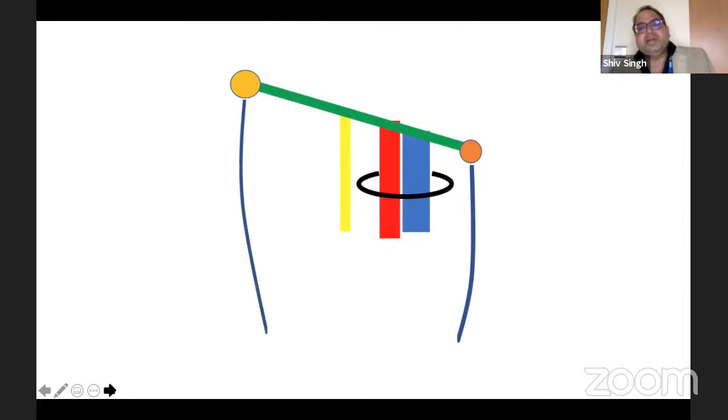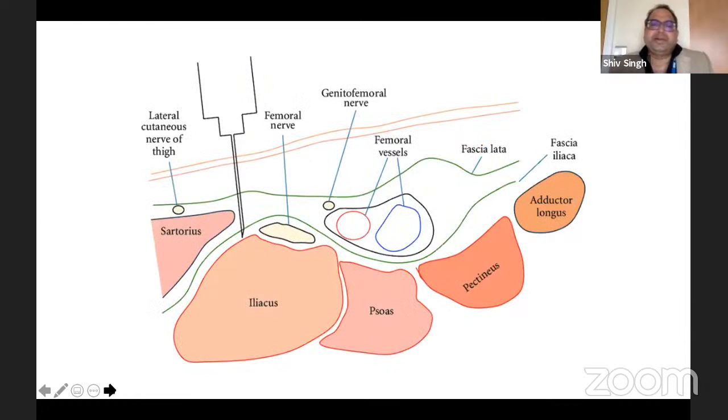You can use simple diagrams where you draw a circle and anterior superior iliac spine on the lateral side, pubic tubercle, and the vein and artery in the femoral sheath and femoral nerve line. Or you can draw a little bit more advanced diagrams where you show the skin, fascia lata, fascia iliaca, femoral nerve lying under the fascia iliaca, lateral cutaneous nerve lying between the fascia lata and fascia iliaca.